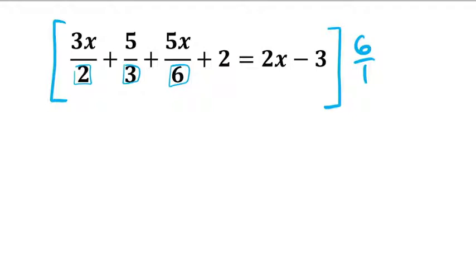I guess I'll highlight exactly what I'm doing here. So this first fraction, I'm putting in a factor of 6, and then I've got the 3x, and then that's over 2.